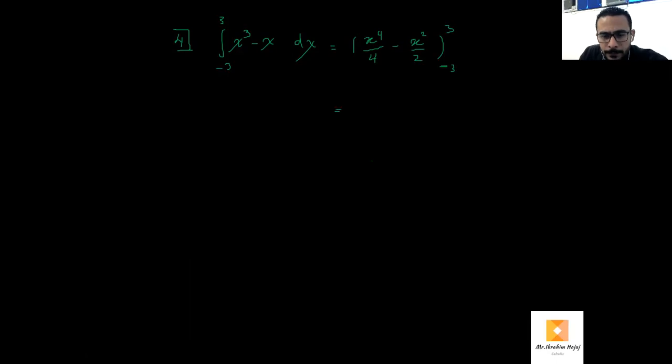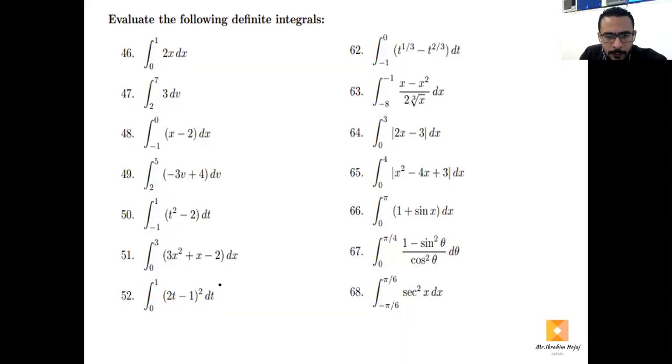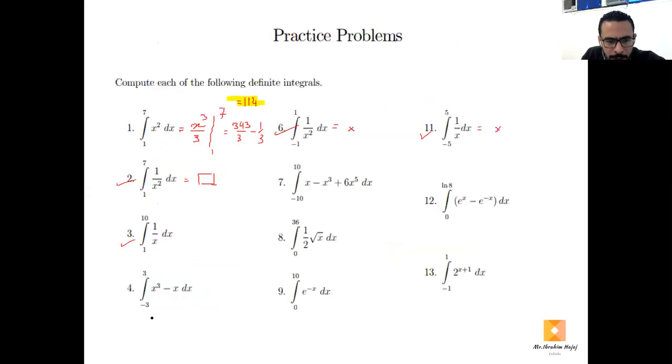At 3 it's 81 over 4 minus 9 over 2, which is 18 over 4 when multiplied by 2. Then do the second one, when it's negative 3, same thing, so it's going to be 0. It was odd, right? So it's equal to 0, because one part of the area is above the x-axis and the other part is below the x-axis, so they cancel each other. Okay, this 4 and 6 we did.